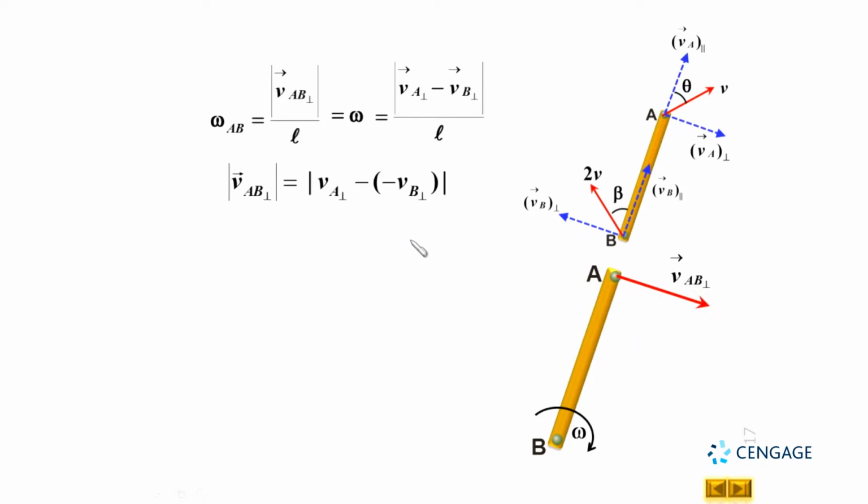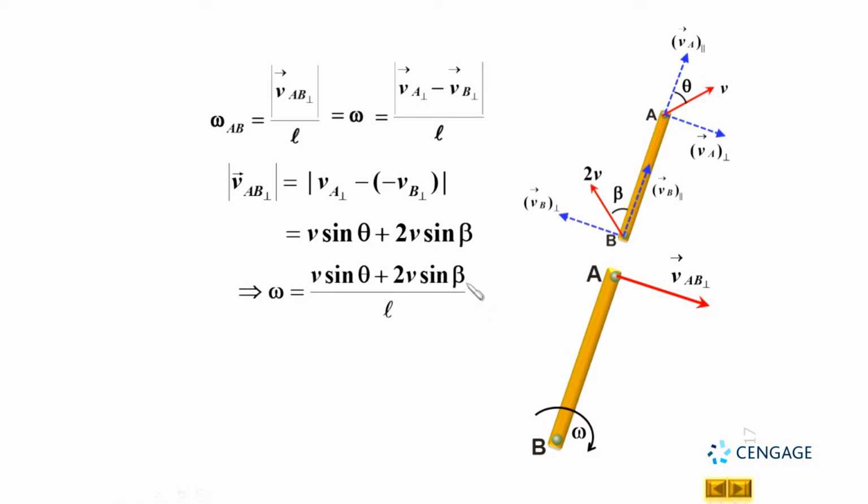So now we can again write and substitute the values of VA perpendicular and VB perpendicular. That is V sin theta, then minus minus will be plus, plus 2V sin beta. So this omega is equal to V sin theta plus 2V sin beta, and overall divided by L. And this is the angular velocity of the rod.